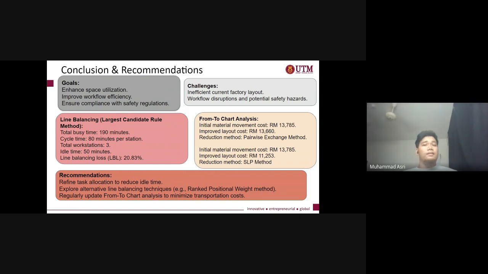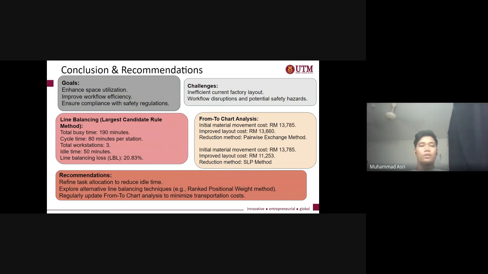And from the from-to chart analysis, the initial material movement cost is 13,785 ringgit, and the improved cost is 13,660 ringgit, using the pairwise exchange method. For the SLP method, the improved layout cost is 11,253 ringgit.